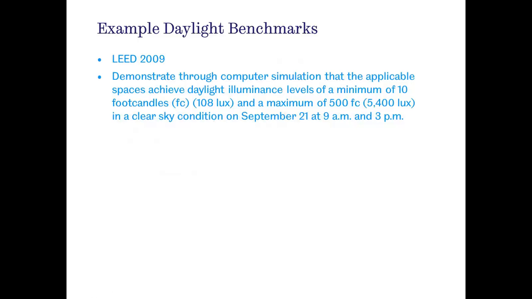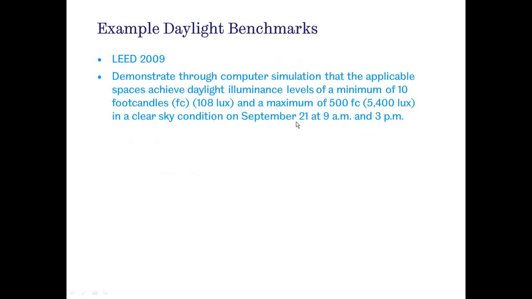And LEED, in 2009, they had a very different standard. And what they were saying was that your space had to achieve an illuminance between 108 lux and 5,400 lux for a clear sky condition on these times of the year.